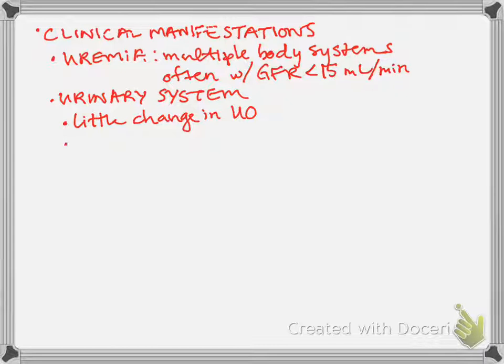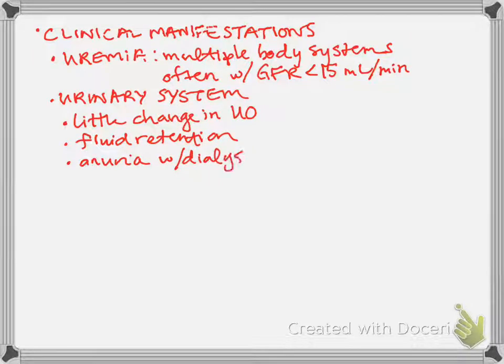The patient may experience fluid retention. And if the patient is on dialysis already, they may experience anuria because the dialyzer or the dialysis machine functions to pull off excess fluid from the patient so that the kidneys don't have to, mainly because they can't.